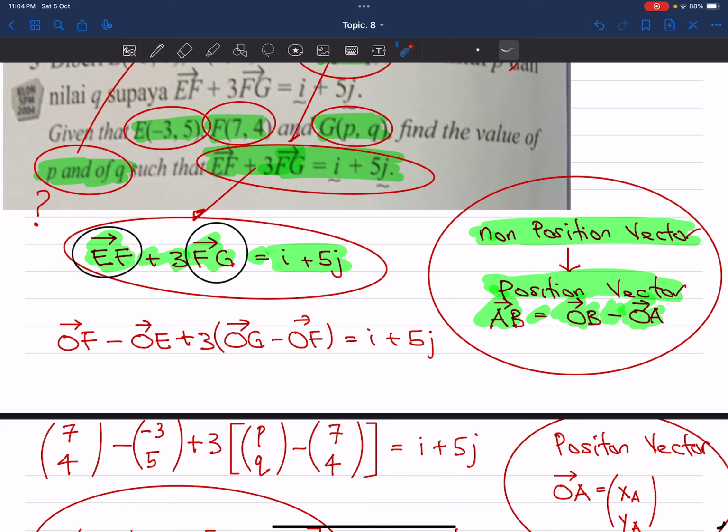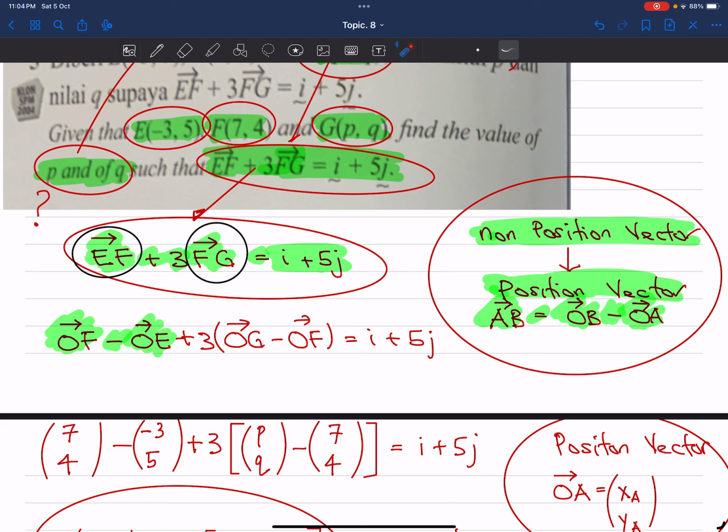So now AB equals OB minus OA, which I'm going to apply for EF. EF is the second letter, OF, minus the first letter, OE. I repeat.